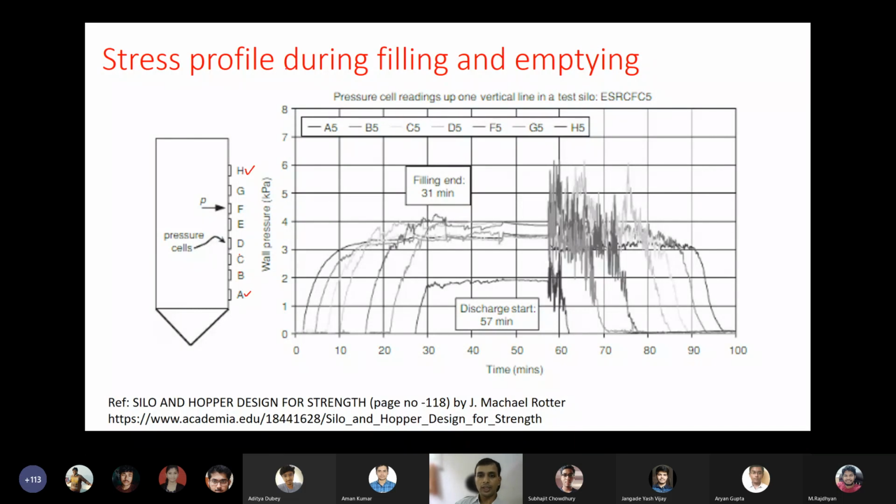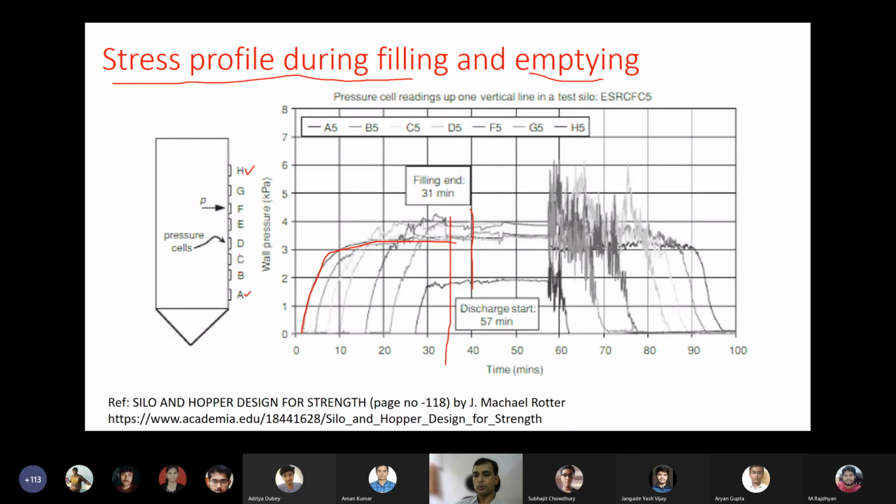Now here, there are two things: the stress profile varying during filling and emptying. They filled up to this point; the filling ends at 31 minutes. During filling, you can see that the stress profile increases and reaches an asymptotic value.